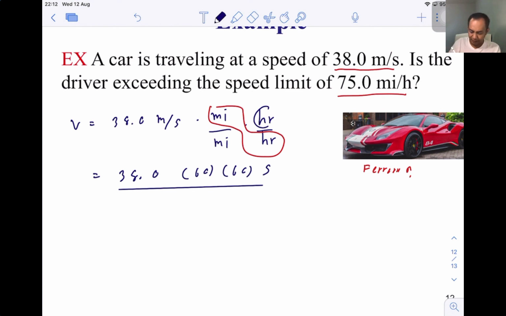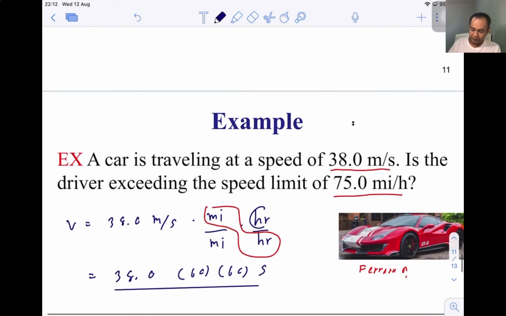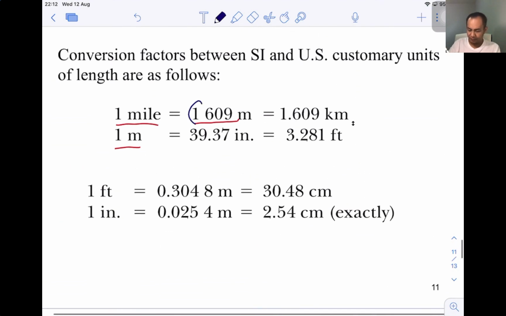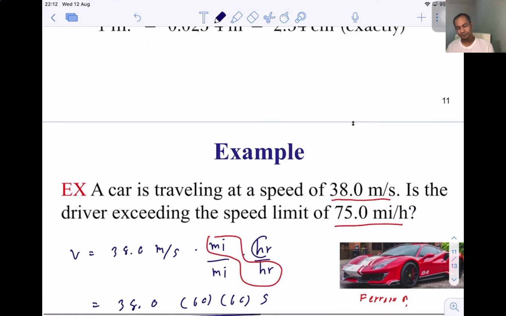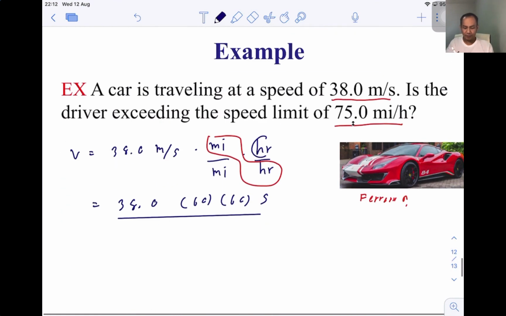Mile to meter is from the last page, so it's this number: 1609 times meter.